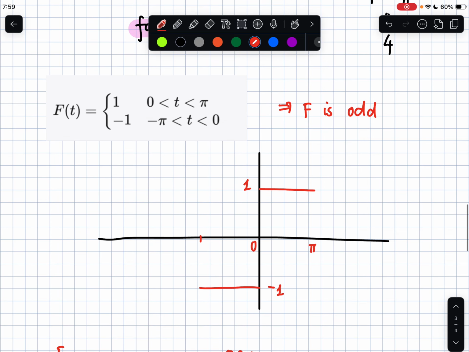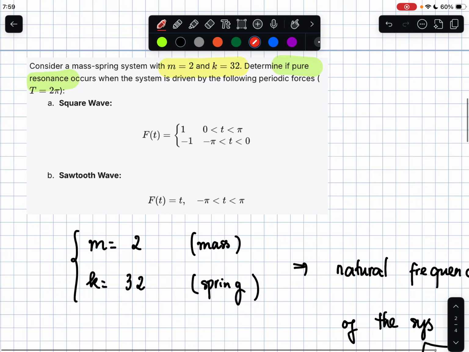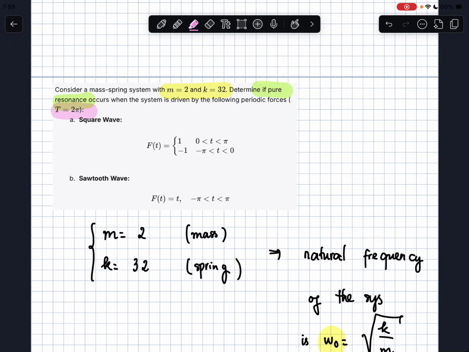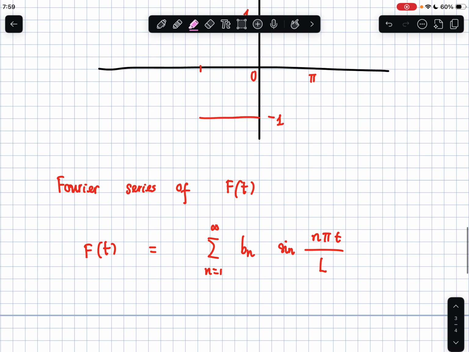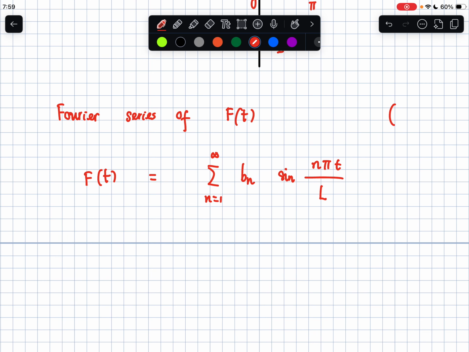In our case, L is half of the period. The question gives us a full period of 2 pi, so L is half of the period, L equal to pi.